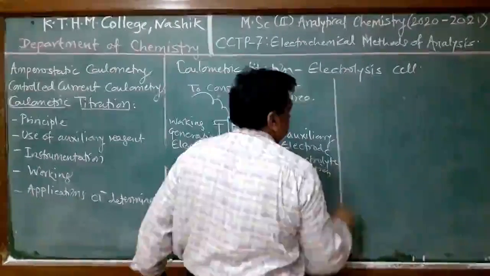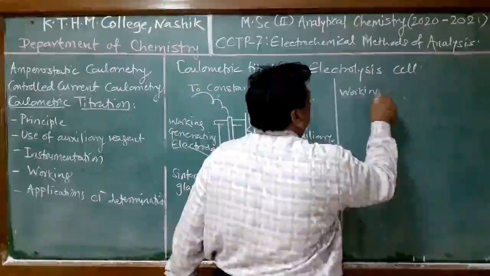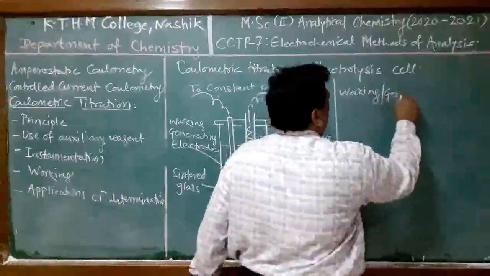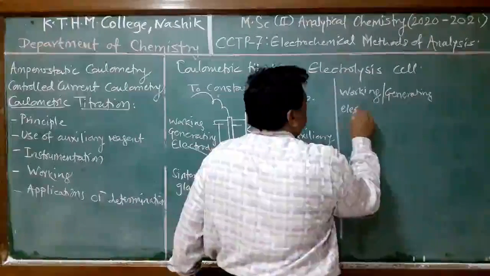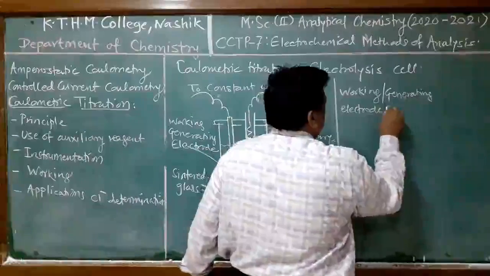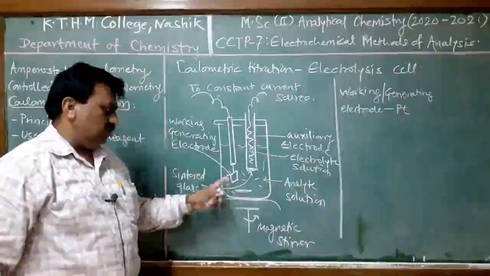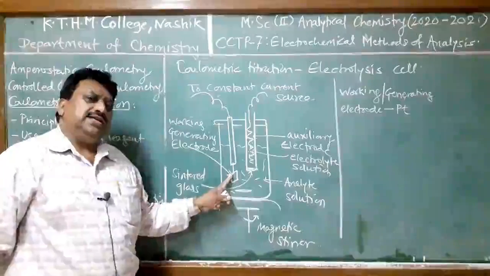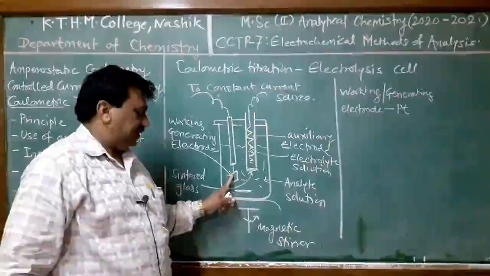Now here, in this case, the working electrode, generally called the generating electrode, is made up of platinum. Generally, a gauze form electrode is also sometimes used in order to increase the surface area or decrease the polarization effect.